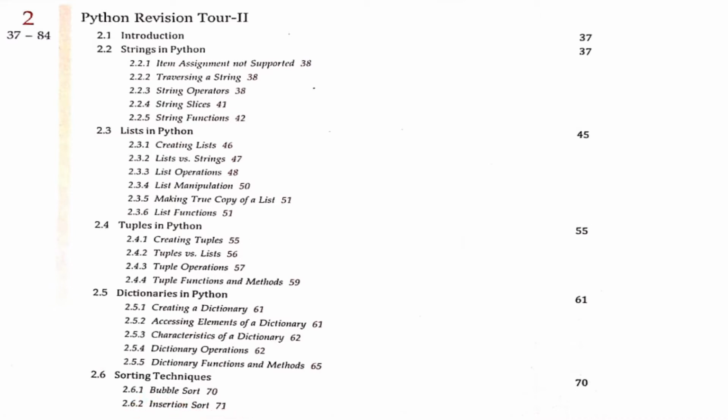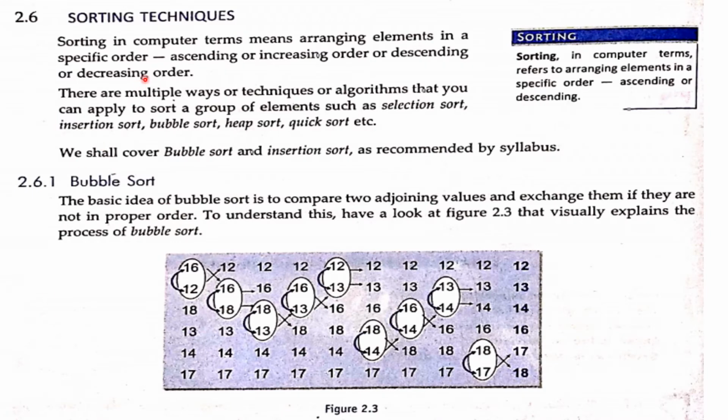So first of all, let me tell you what a sorting is. Sorting in computer terms means arranging elements in a specific order that can be ascending or increasing, or descending or decreasing order.